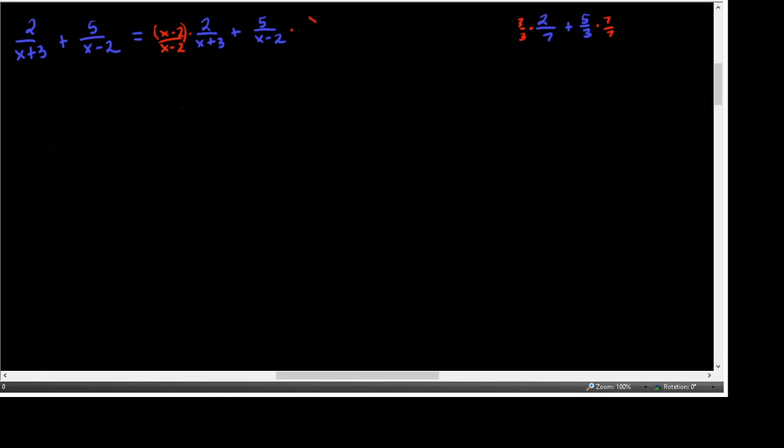And the second one by x plus 3 over x plus 3, which produces 2x minus 4 when you distribute over our common denominator, plus 5x plus 15 over x minus 2 times x plus 3, our common denominator.